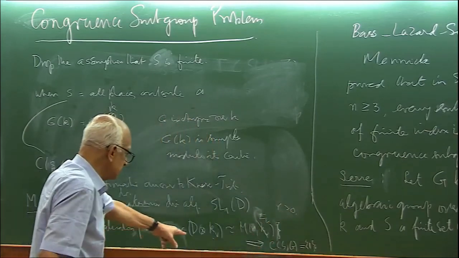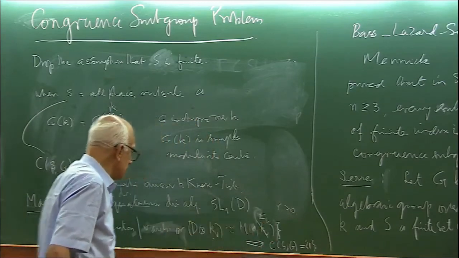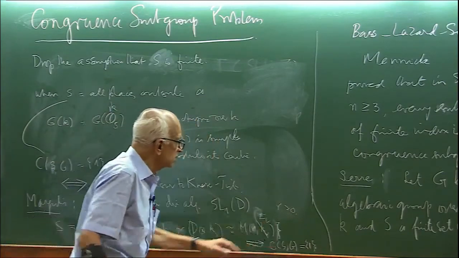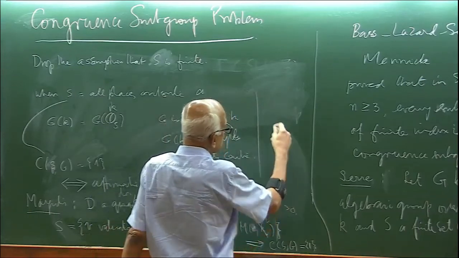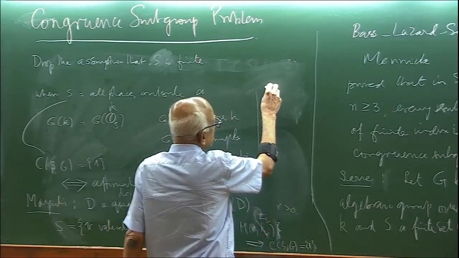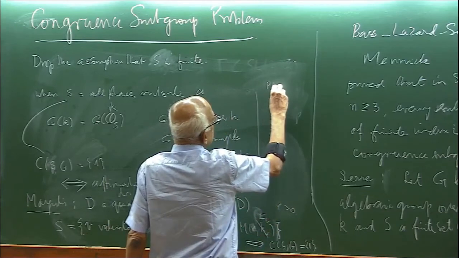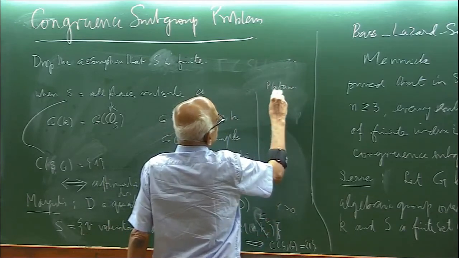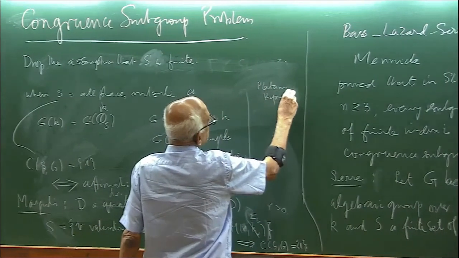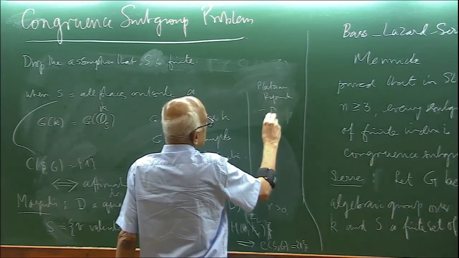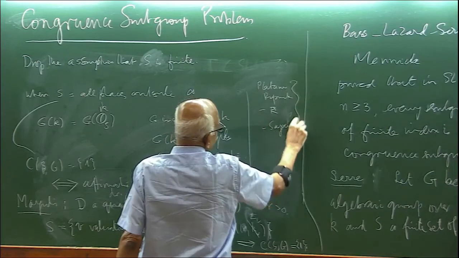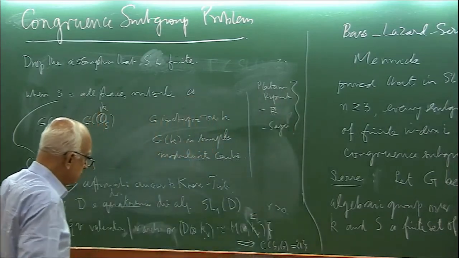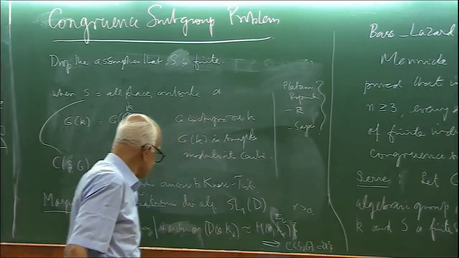Look at the set of valuations such that D tensor KV is MR EV, then CSG equals 1. This result is due to a number of people, various things combined: Platonov, Rapinchuk, then myself, and Sagev. The works of all these people combined yielded this result.